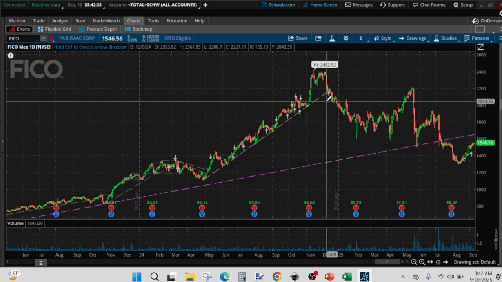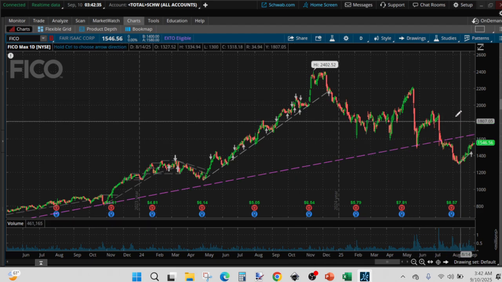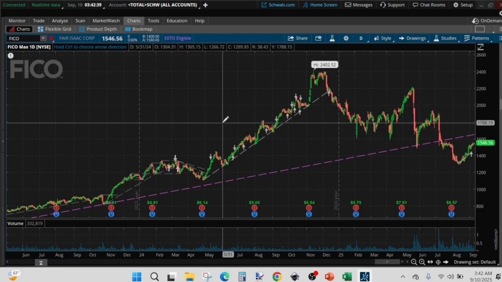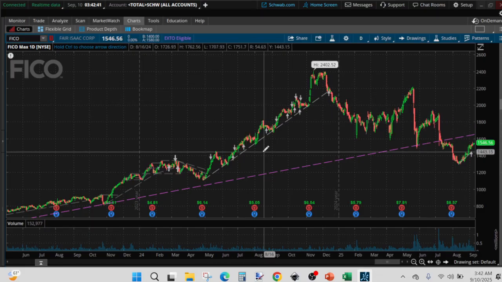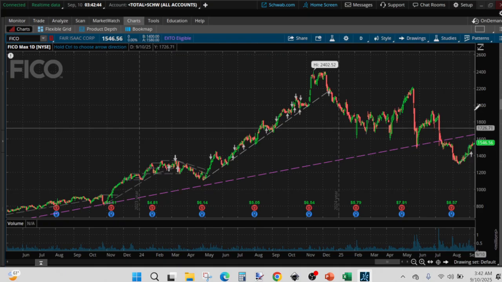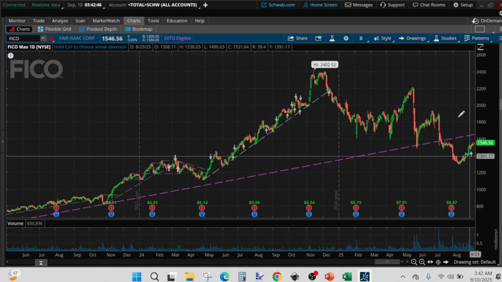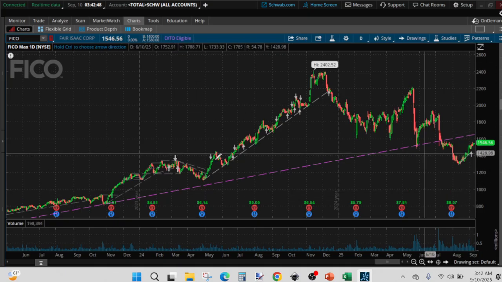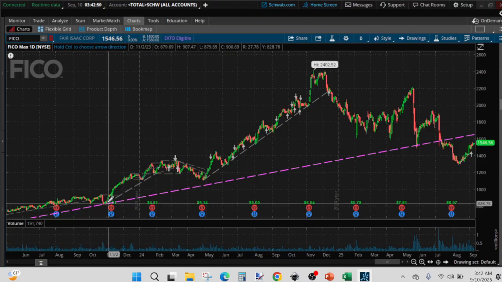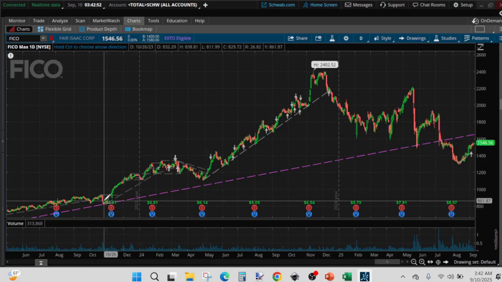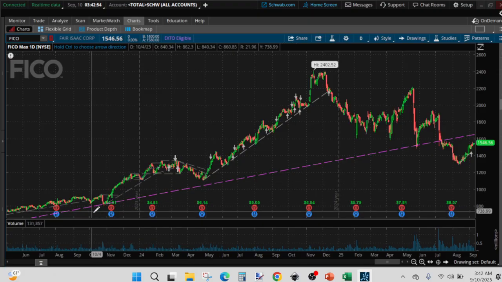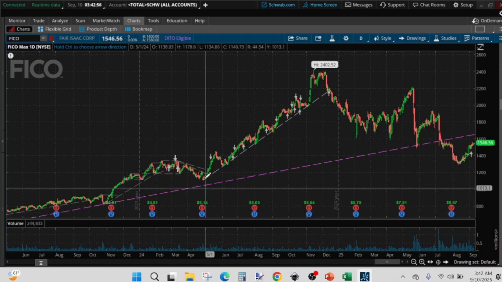But again, the way my swing trade strategy works is to compare what happened before to see if there is a pattern I can rely on to make a decision, a buy decision or a sell decision. For instance, when it reached that area, it started going up, so it didn't really linger much there. And the same thing here.